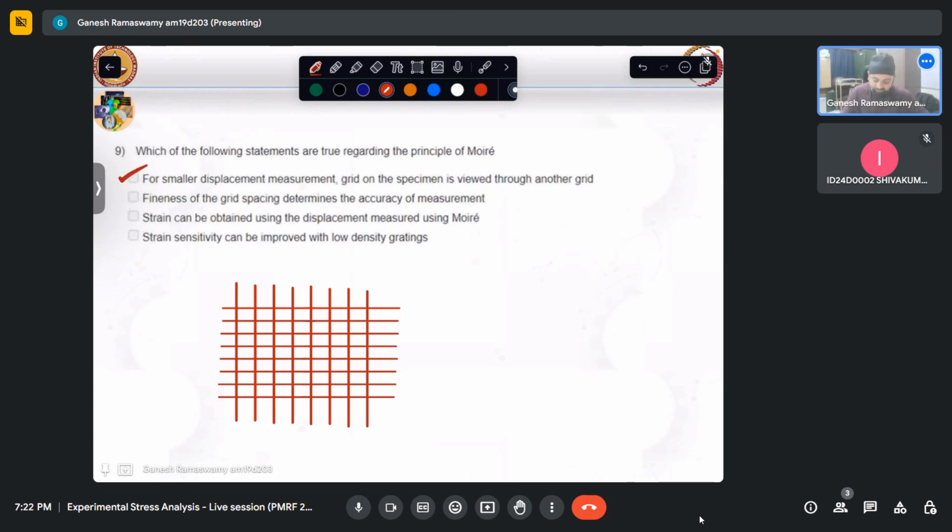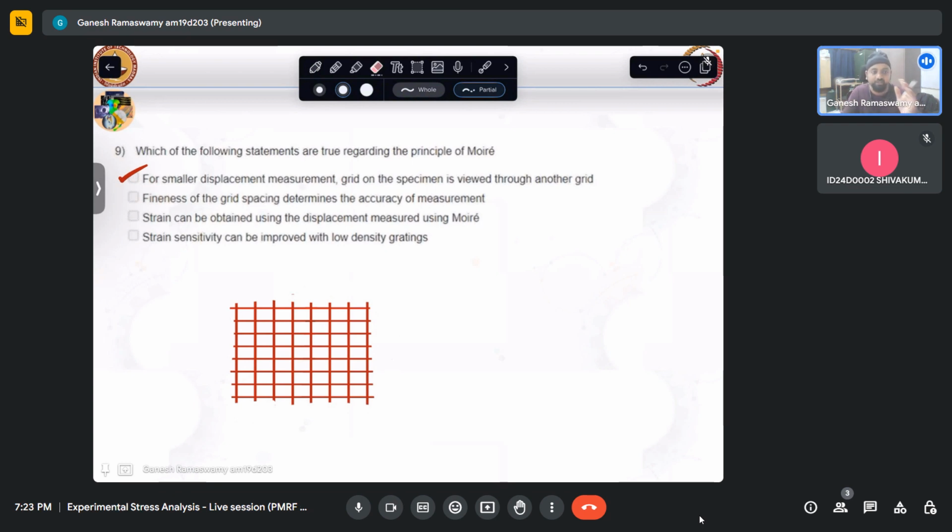True. Fineness of the grid spacing determines the accuracy of the measurement. Naturally, we have to have very fine grids in order to amplify the response. If the grids are not very fine, then there is only so much displacement that we can measure, beyond which it will get masked into the grid patterns. That is the essential difference between geometric moire and moire interferometry.